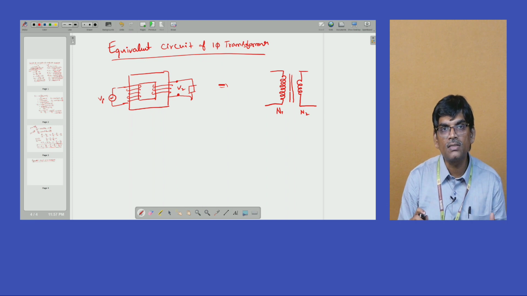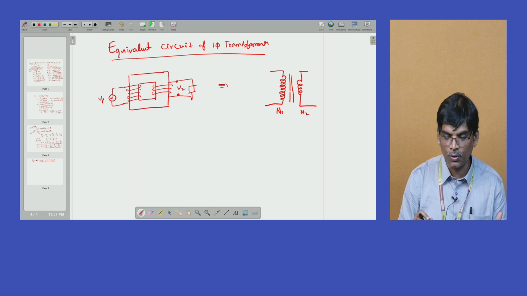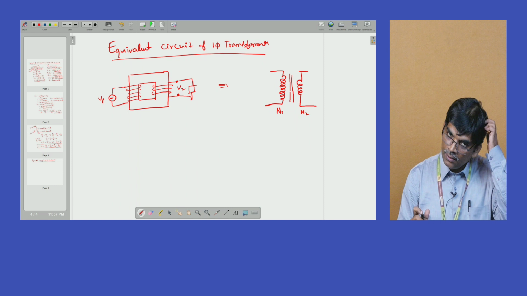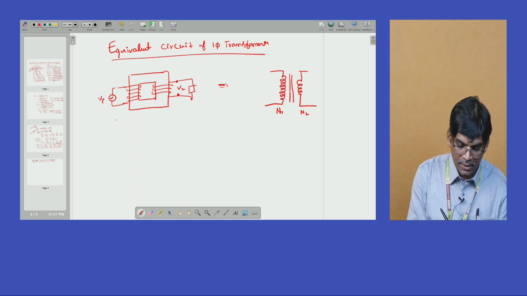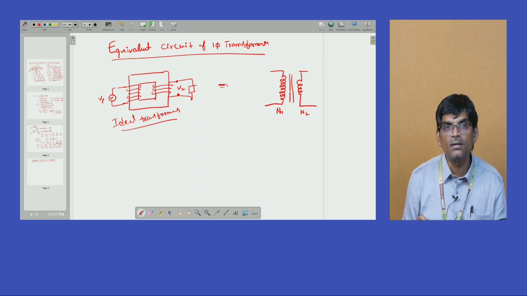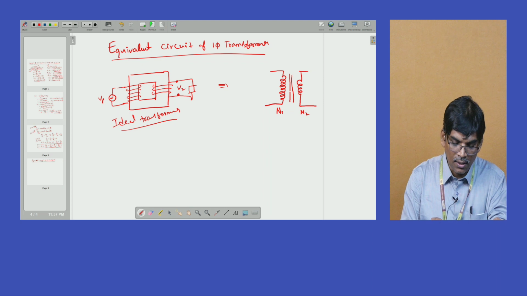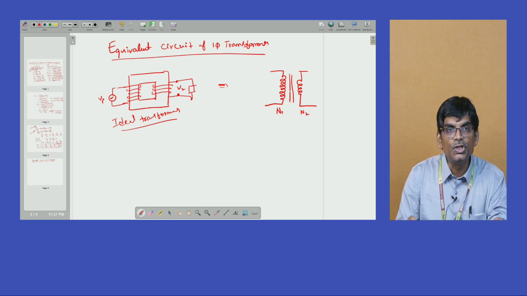First of all, to understand any machine, we have to consider the ideal nature first. Suppose it is an ideal transformer. An ideal transformer does not have any loss component, there is no voltage drop in the primary winding because it is a zero resistance winding, and the secondary is also a zero resistance winding.